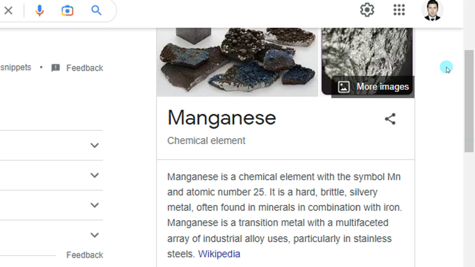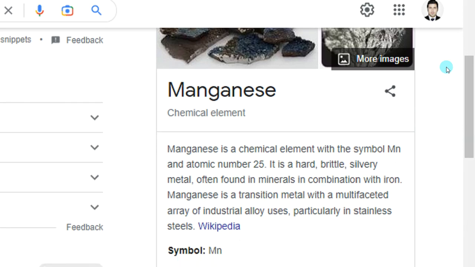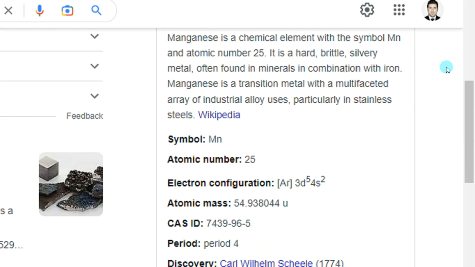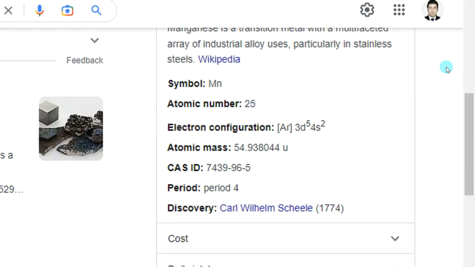In combination with iron, manganese is a transition metal with a multi-faceted array of industrial alloy uses. It is used in industries in abundance, particularly in stainless steel watches and stainless steel utensils used in kitchens, all applications of manganese.